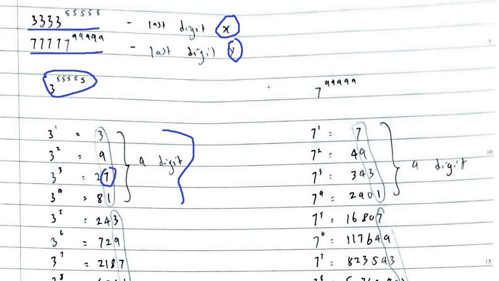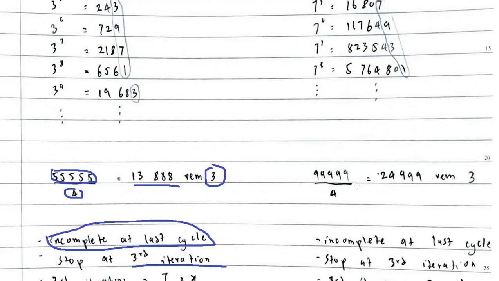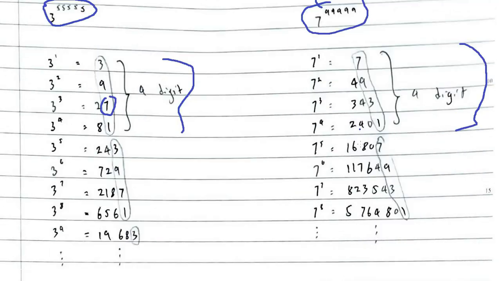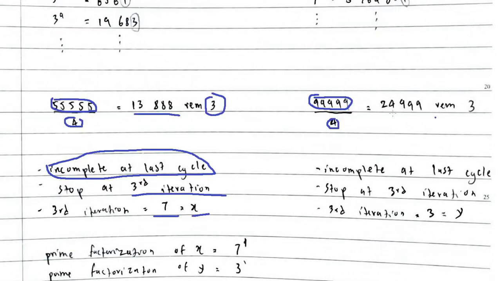For the second number, we do the same, and for this sequence we get 7, 9, 3, 1, which is 4 digits also. This is the first iteration. Then the power of this number, which is 99999, divided by 4 because it also has 4 digits.